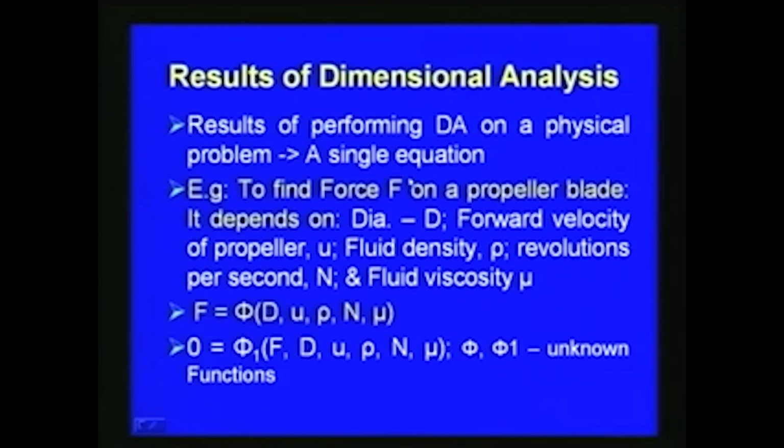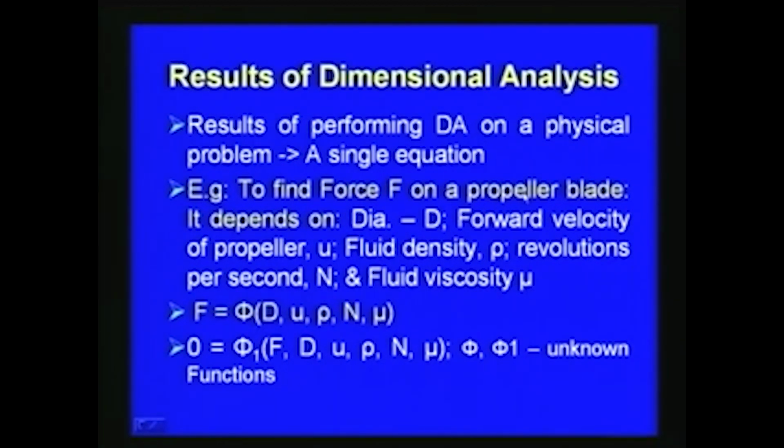For example, consider finding the force F on a propeller blade. For a typical problem, this force depends upon the diameter d, the forward velocity of the propeller u, the fluid density rho, the revolutions per second n, and the fluid viscosity mu.